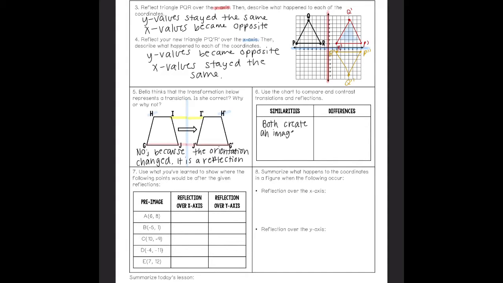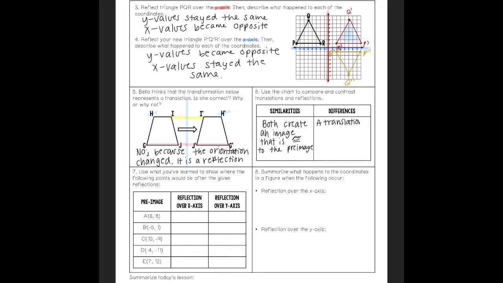They both create congruent figures. And I totally just wrote the pi sign instead of the congruent sign. But how are they different?